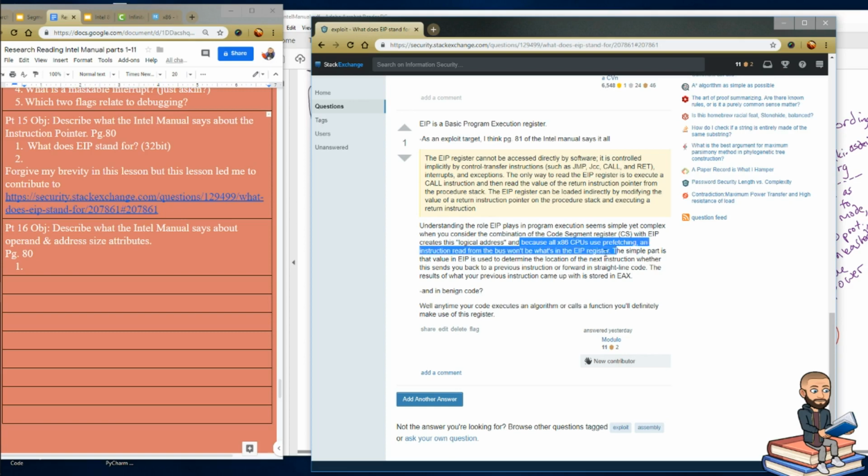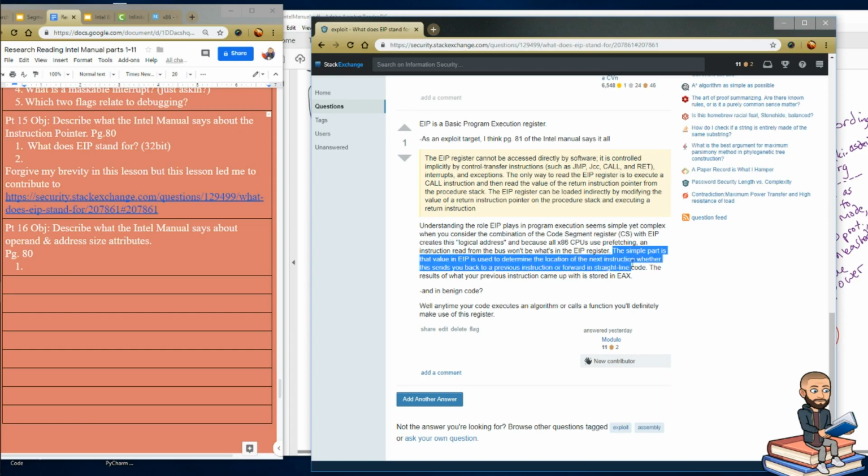If we read the value of EIP from the data bus, that won't necessarily be what's in the EIP register. But like I said before, the simple part to an instruction pointer is the idea that it is used to determine the location of the next instruction. And you're using the code segment register because in that part of memory, the code segment, that's where all the instructions are. Unless we're talking about a chip not using segmentation.